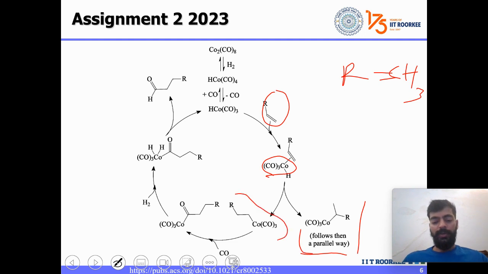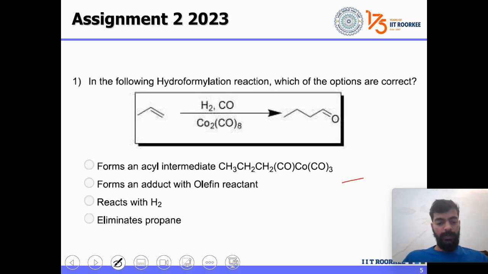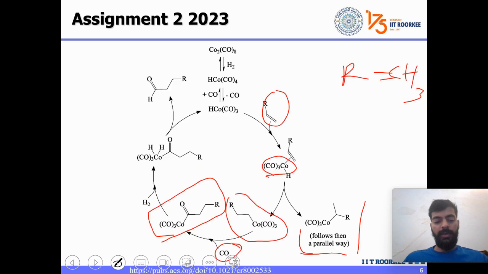Then the formation of this complex and carbonyl introduction, and here we can see this forms an acyl intermediate. Then hydrogen comes, and the elimination occurs, product formation, and again the catalytic cycle goes on. This is the way the question should be addressed.